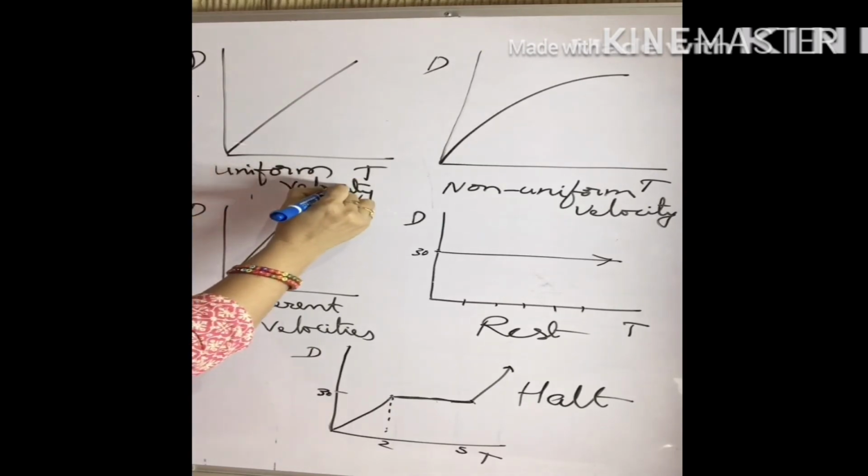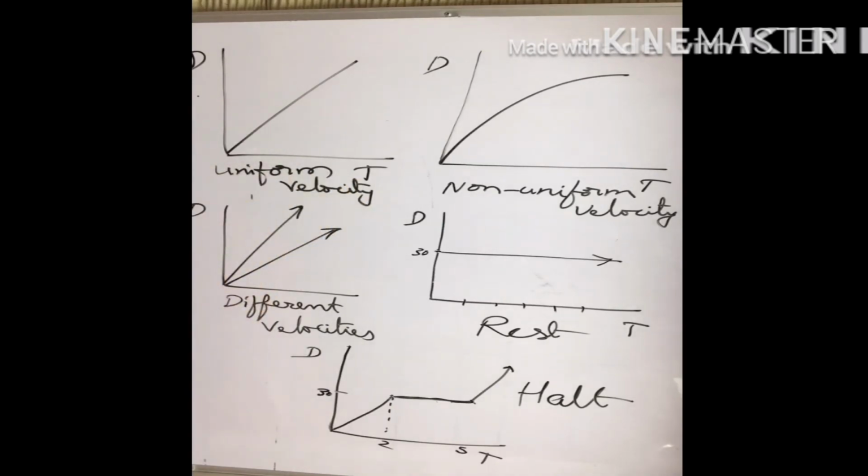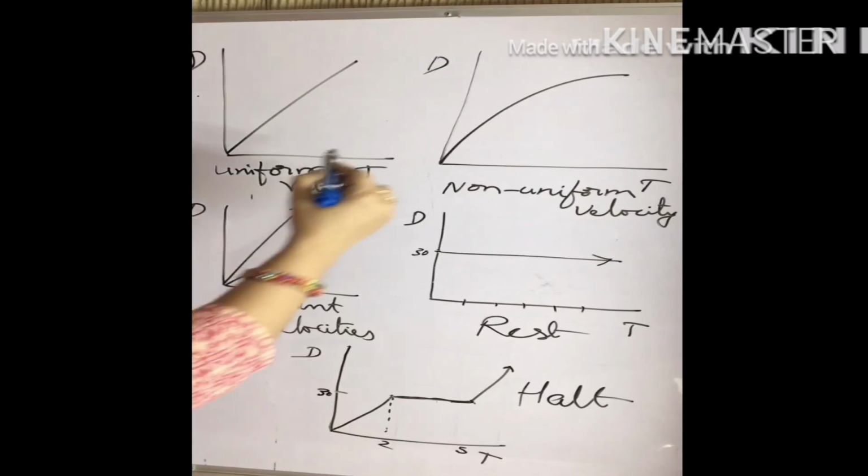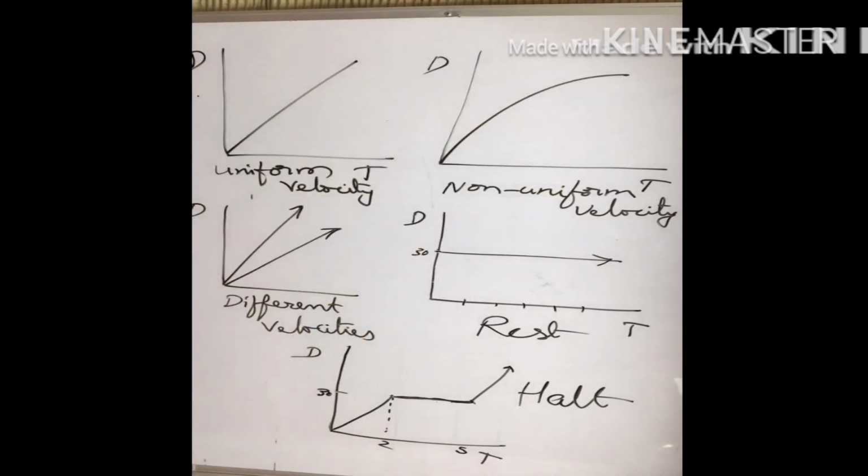Now the second one, the graph with a curve, means the body is covering the distance with non-uniform velocity. You can take the example of a car moving on a busy road. The speed cannot be constant. Sometimes it increases, then it has to decrease, again increasing, like that. So that is an object moving with non-uniform velocity.